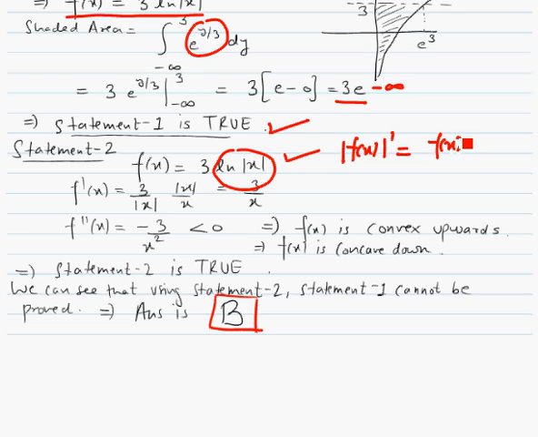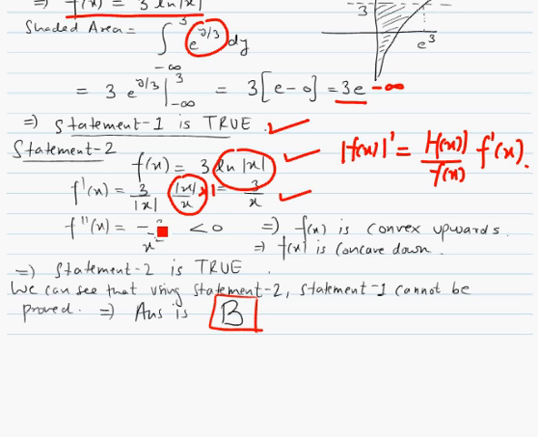This is the formula we use when we have to differentiate the mod of f(x): mod of f(x) by f(x) into f dash x. So f dash x is 3 by x.